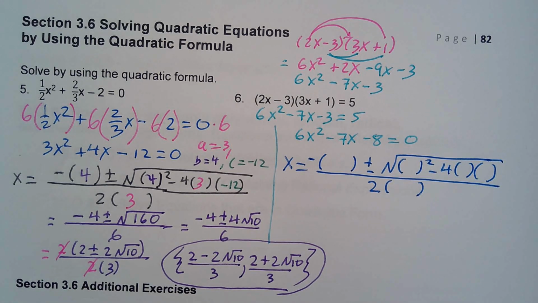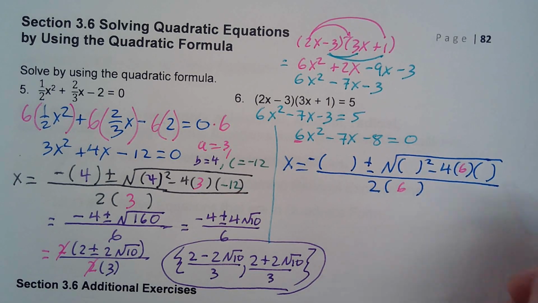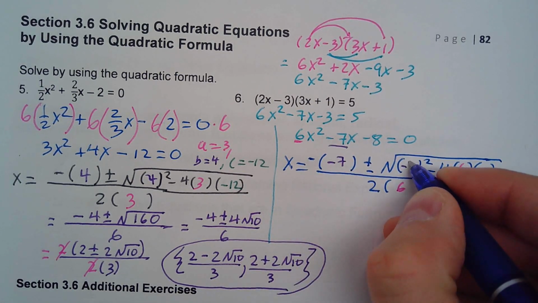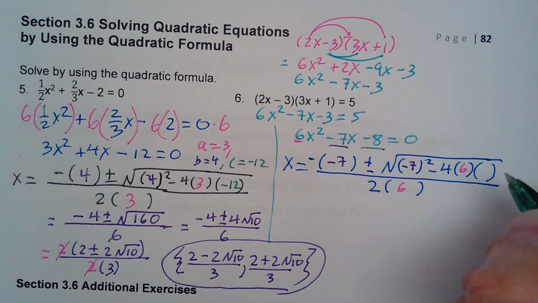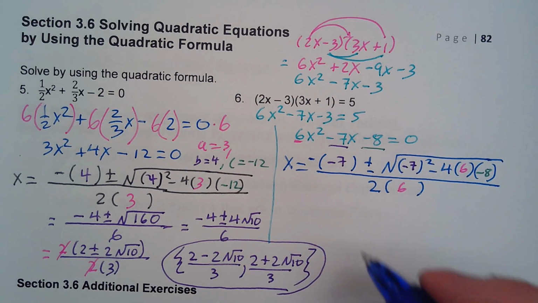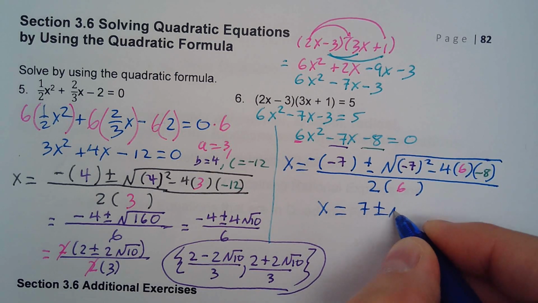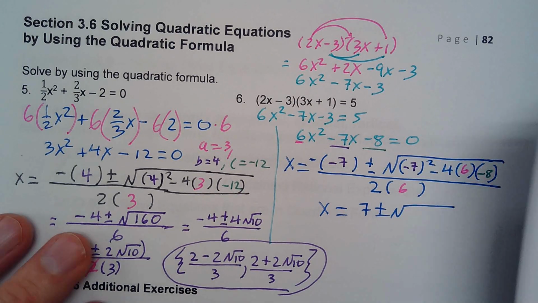So here my a is the 6. b is this negative 7. c is negative 8. So let's work on simplifying this. This would be 7 plus or minus. Let's grab the calculator for that one.